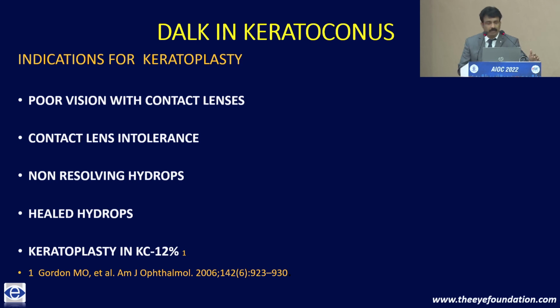So these are some of the indications for keratoplasty in keratoconus: poor vision with contact lenses or contact lens intolerance with advanced keratoconus, and non-resolving hydrops. The percentage of patients with keratoconus undergoing keratoplasty is around 12% according to this particular study.